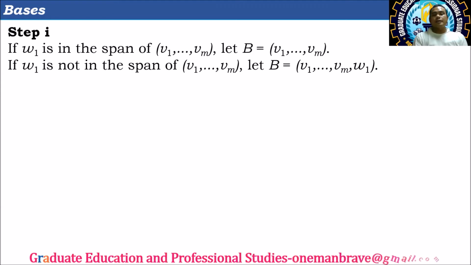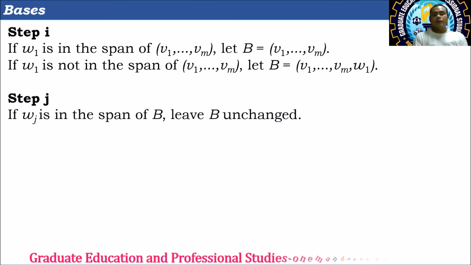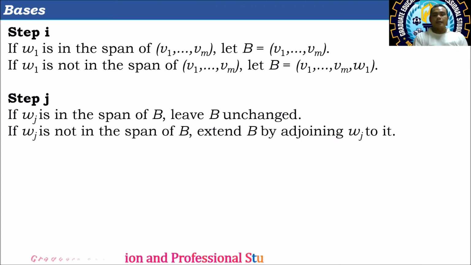If w1 is not in the span of v1, ..., vm, let B equal v1, ..., vm, w1. Okay, that is our step 1. In step j, if wj is in the span of B, leave B unchanged. If wj is not in the span of B, extend B by adjoining wj to it.